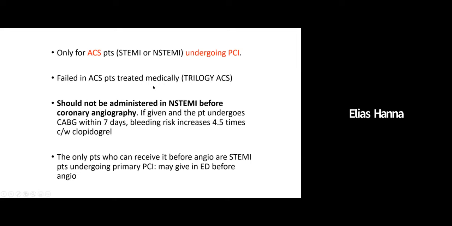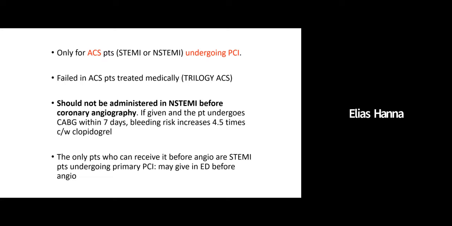Unlike Plavix, which can be used and has shown benefit in the CURE substudy in ACS patients treated medically, that's not the case with prasugrel. Another thing, while Plavix may be used upstream of catheterization before you do the cath, prasugrel should not be used before coronary angiogram, before seeing the coronary anatomy, by guidelines and by design of the TRITON trial.